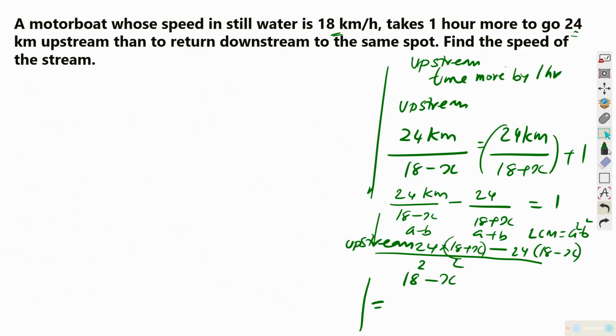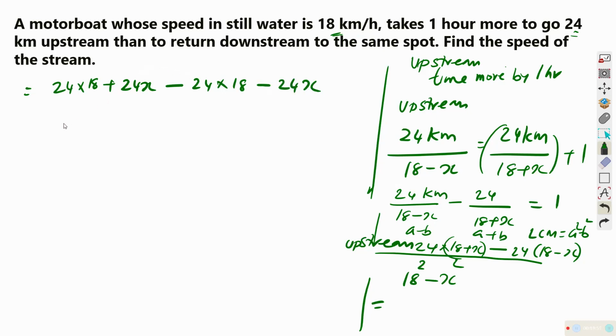Okay, let me continue here, where you will be writing 24 into 18, removing the bracket, 24 into 18 plus 24x minus 24 into 18 minus 24 into minus x.